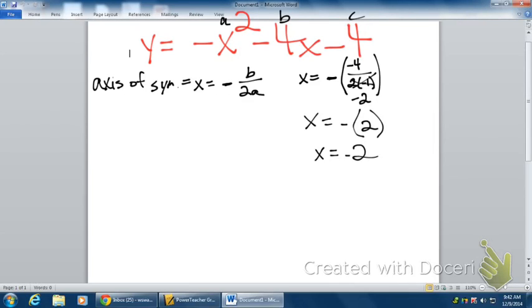I want to find out my vertex. So let's go ahead and plug in negative 2 into our original equation so we can solve for y, so we can get the x and y coordinate of our vertex.